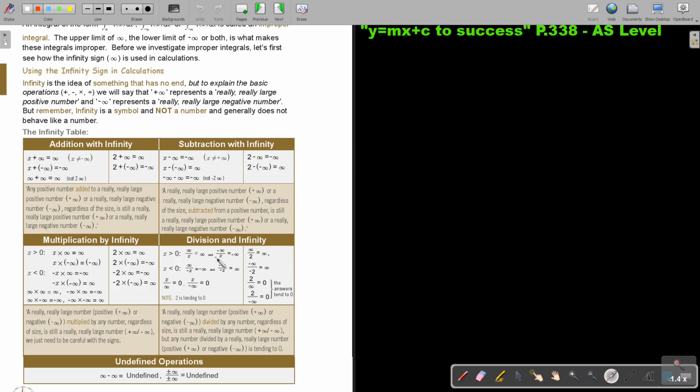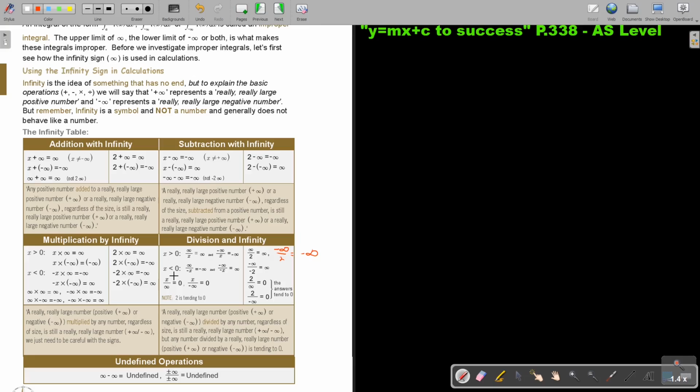Negative infinity divided by 2 will be negative infinity. If it's positive, it stays positive infinity.